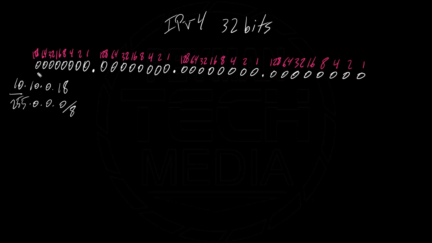So let's go over the number of network bits. We have 1, 2, 3, 4, 5, 6, 7, 8, right? 255 is 8 bits, and then the rest of the octets are all 0, so they're off. Let's write down all the host bits. Now where is our cut line, where is our network increment?